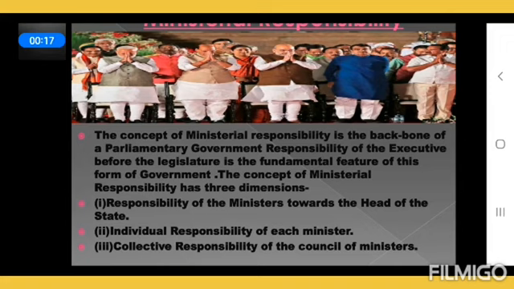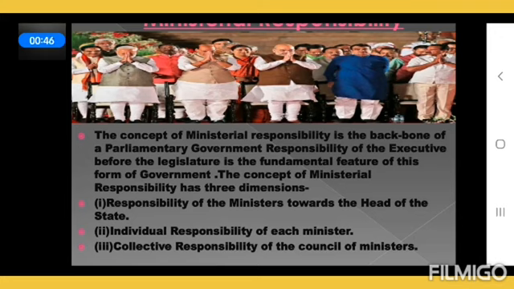So it is the responsibility of the cabinet to get all its policies, programs, decisions and bills approved by the legislature. I've told you that the cabinet are the ones who hold important portfolios, and together they formulate all the policies of the state. So that is why they are a very, very powerful part of the real executive.